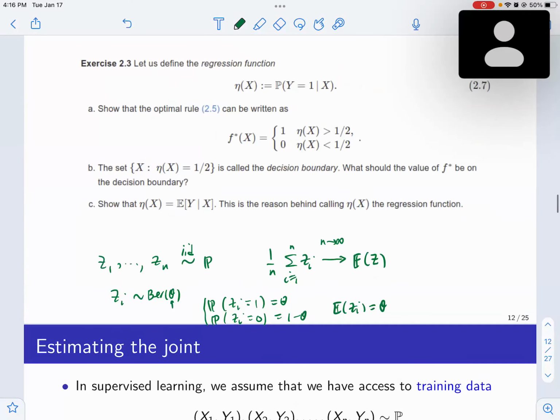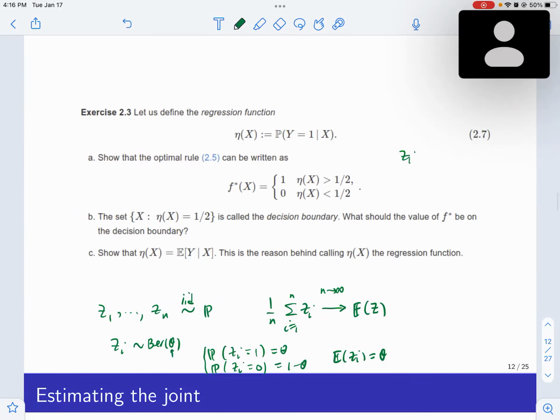Suppose I have a random variable that takes values 1, 0, with probability p and 1 minus p, like we did with the theta. So this is the Bernoulli variable. So what is the expectation here?